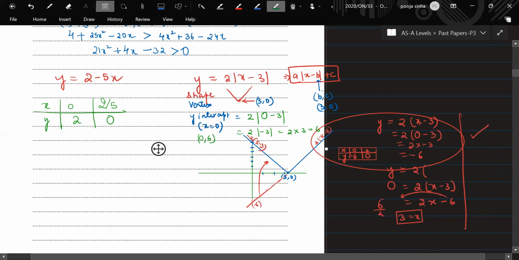I think there's something wrong here. 0 is equal to 2 minus 5x.